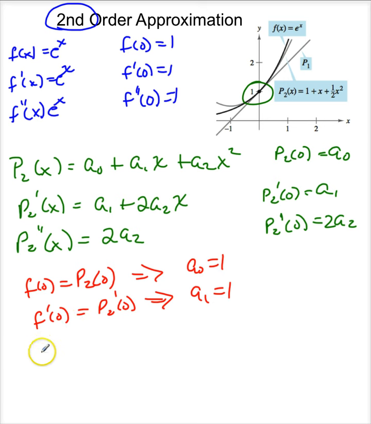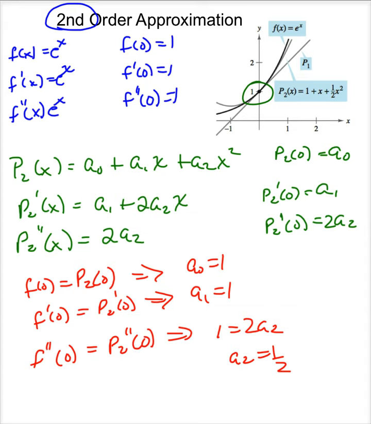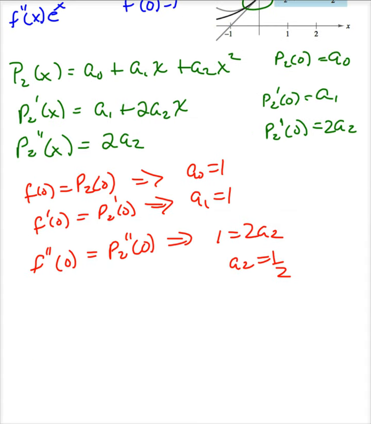Now, for the second order approximation, I need the second derivative to equal P2 double prime at 0, which tells me that 1 is equal to 2a2, or that a2 is 1/2. So a second order polynomial approximation for e to the x is going to be 1 plus x plus 1/2 x squared.